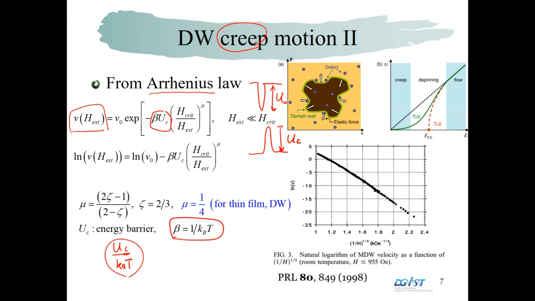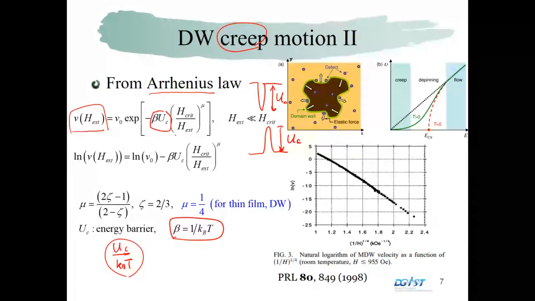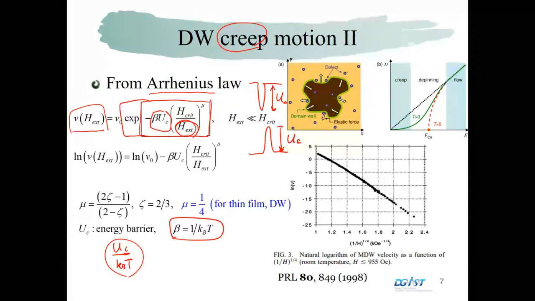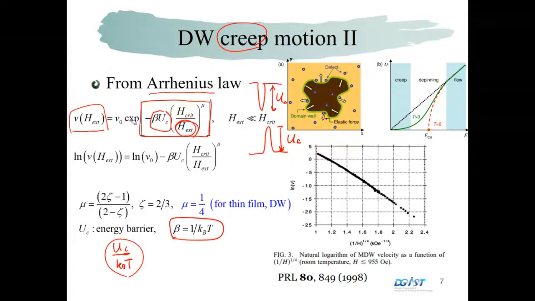So this is generally fixed for a given sample at a given temperature. Then we can adjust the external magnetic field. If we apply a large magnetic field compared to the critical field, the exponential term goes to 1. But if we have a small field, this number gives a much smaller value compared to 1.